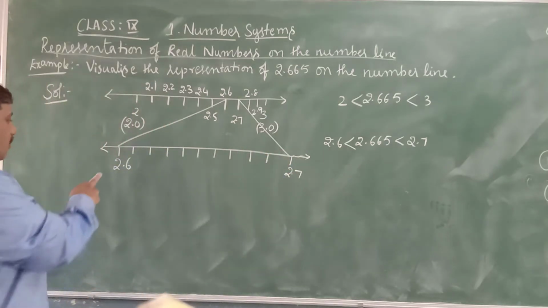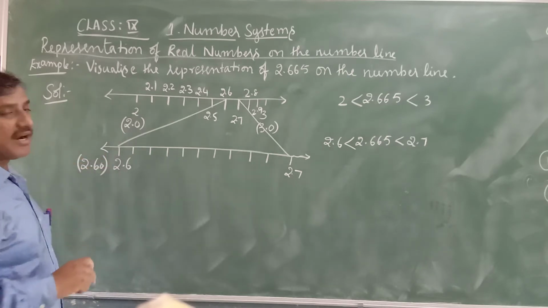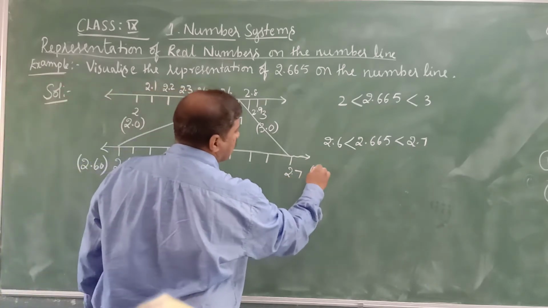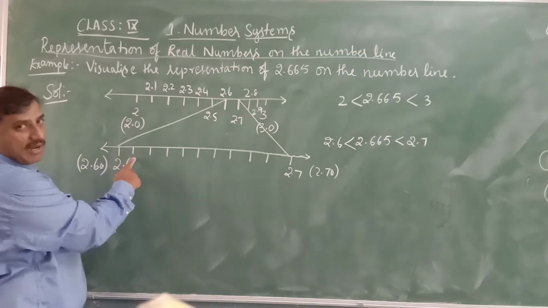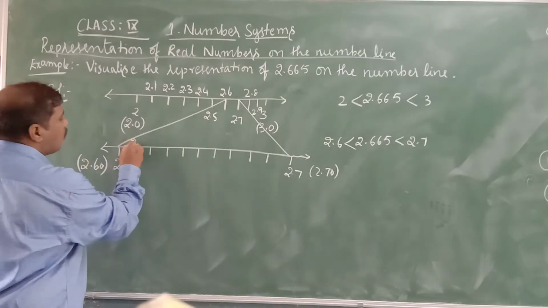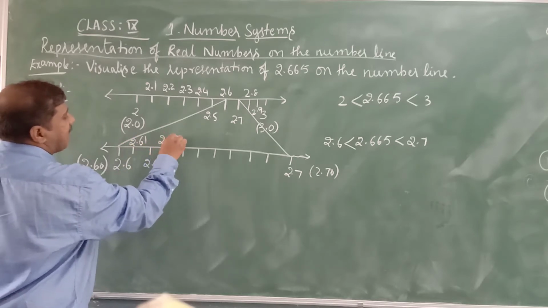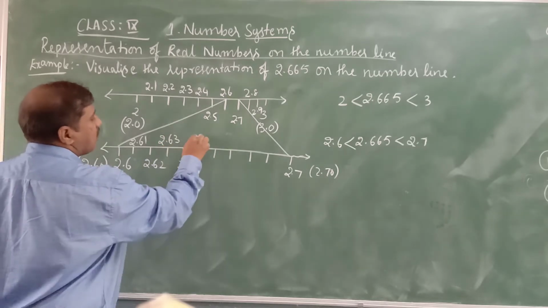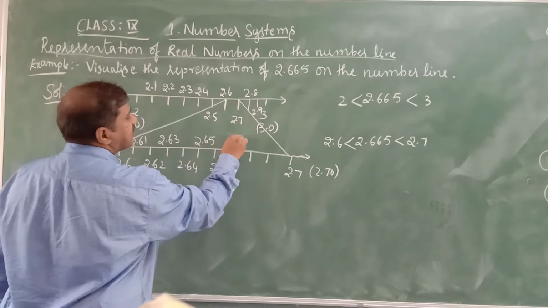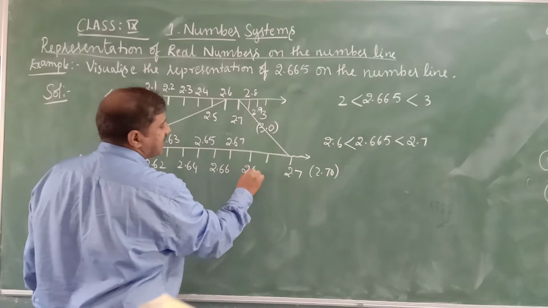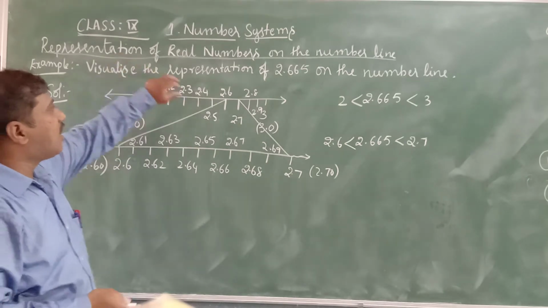The first number is 2.6, and on this side is 2.7. 2.6 means 2.60, and 2.7 means 2.70. After 2.60, the first line becomes 2.61, then 2.62, 2.63, 2.64, 2.65, 2.66, 2.67, 2.68 and 2.69.